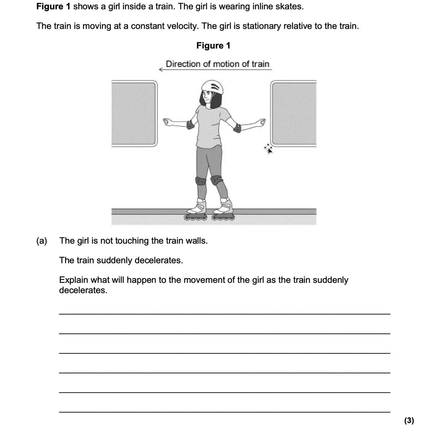So because there's no friction with the girl touching the wheels or gripping the floor with her feet, there is no force on her when the train decelerates. So she will keep moving at the same speed, okay, because there is no resultant force acting on her because of Newton's first law.